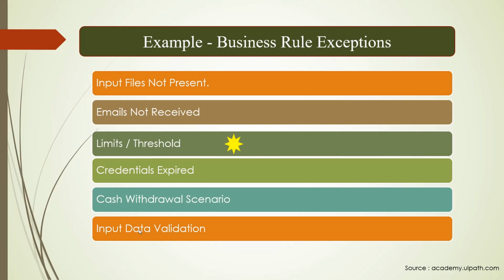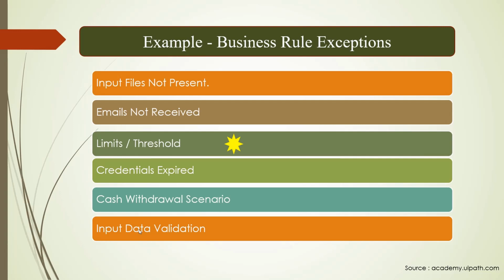Business exceptions come in handy when you are working with limits or thresholds. So let's say you are working on a financial or banking project where you have a requirement that whenever there is a transaction greater than 100 million, you have to stop the process.